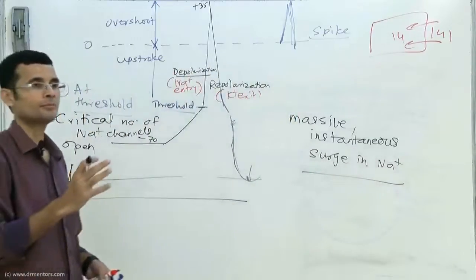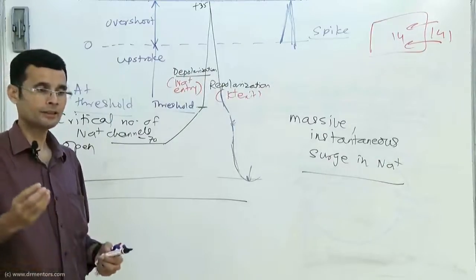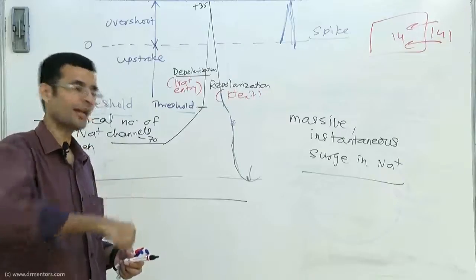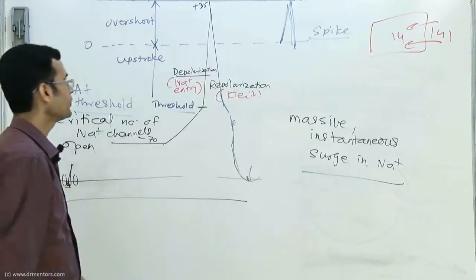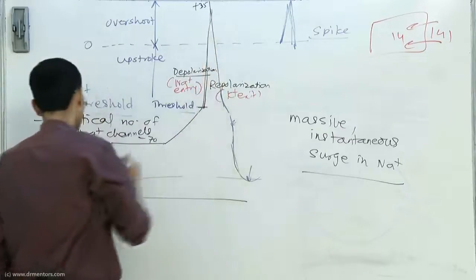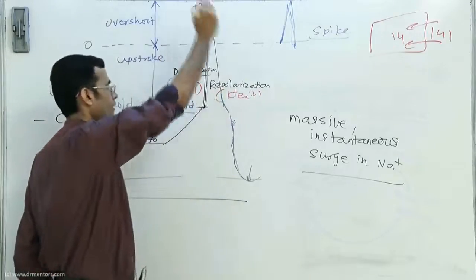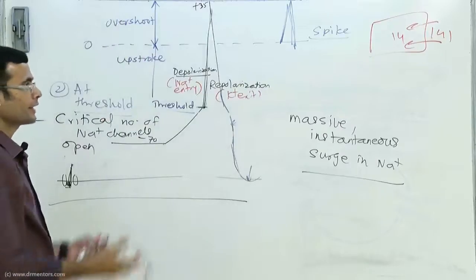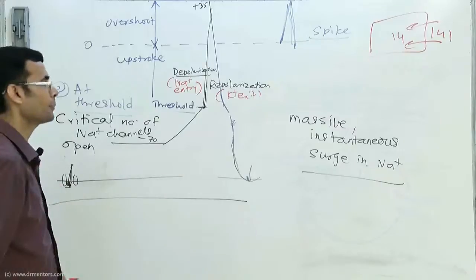Just imagine a firecracker: it goes on burning and then threshold is reached and it bursts. So there is a burstful entry of sodium. With a single massive surge, the sodium will come in from that point, and therefore you can see the graph rises quickly. There is upstroke and overshoot. So inside has become completely positive now. That's how depolarization happens.